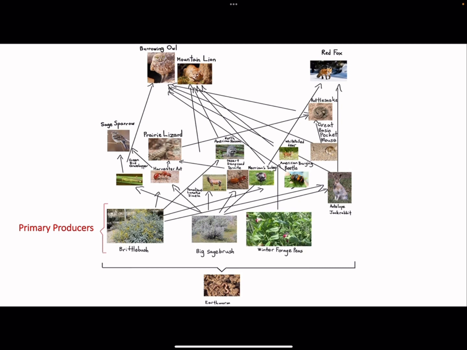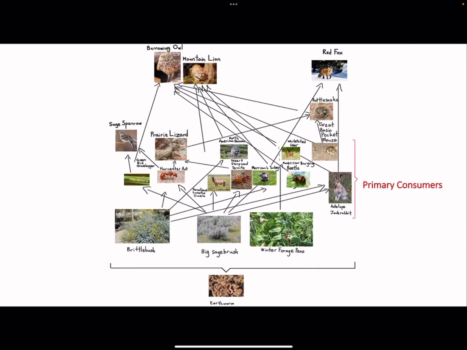Producers are organisms that get energy from abiotic factors. In this case, big sagebrush gets energy from the sun and water. The next trophic level is the primary consumer.